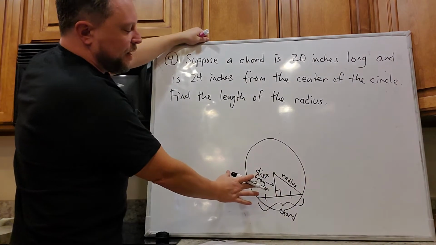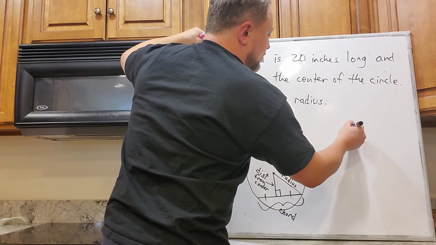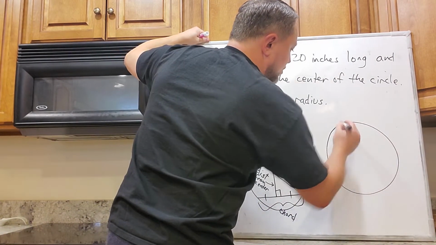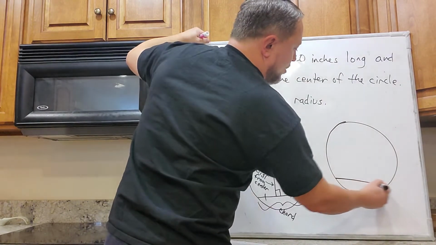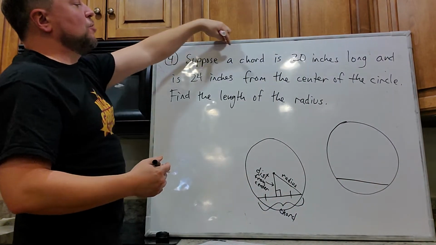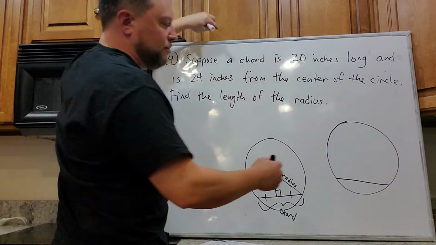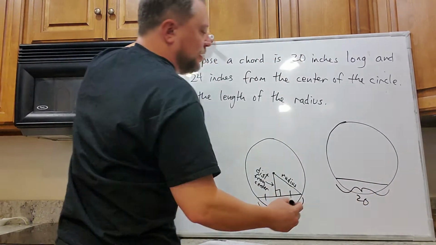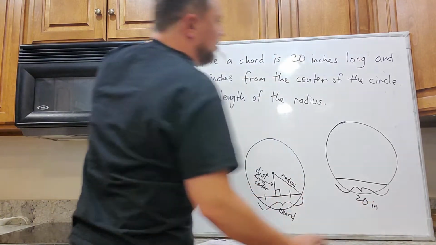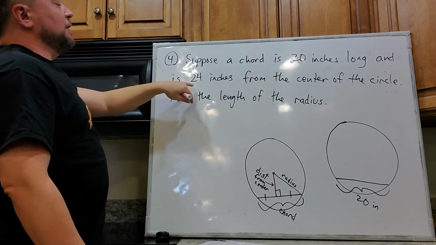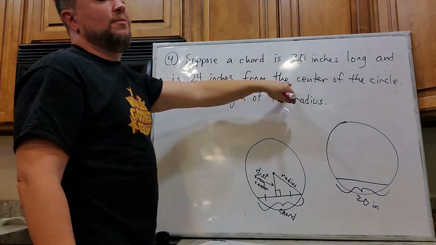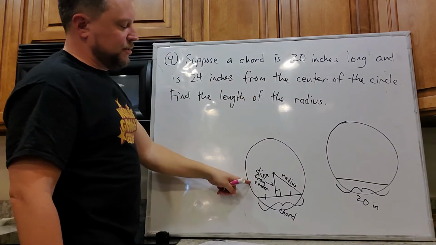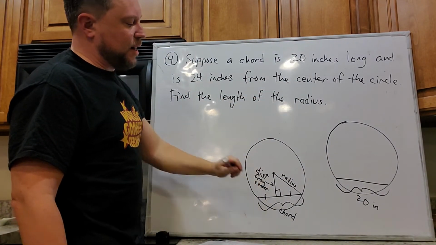All right, so like my notes down here, I'm going to make my own little circle. I'm going to draw a chord in it. They said the chord is 20 inches long, so this entire length along there is going to be 20. And then they say it's 24 inches from the center. Distance from the center is measured at a right angle.